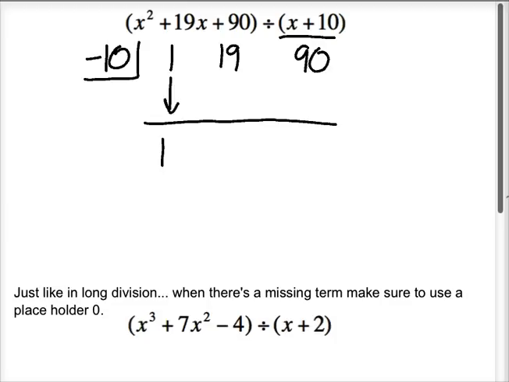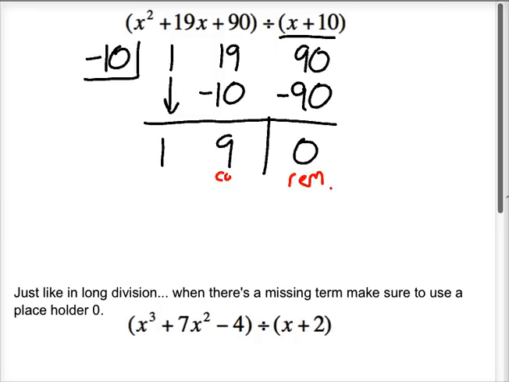Pull down the 1, and then I multiply by that negative 10. Now I add, and now I multiply by that negative 10. Now I add, and again, I want to offset that last number, okay? That last number is special. The last number is always the remainder.